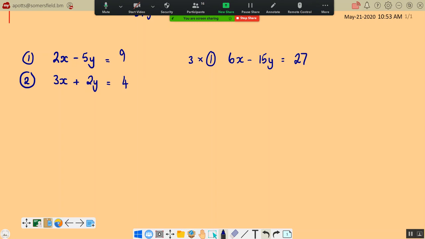Satya, so I've given you a clue then. I'm going to do the same thing to number 2. Well, similar, but what would I multiply by? Multiply by 5. I could, but I wouldn't. That wouldn't help me. Not by 5.